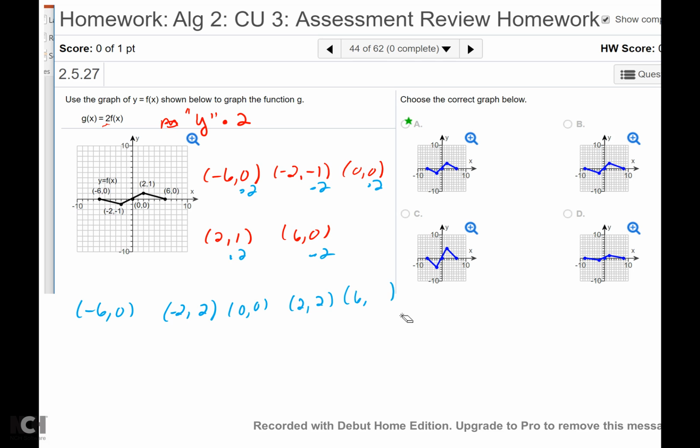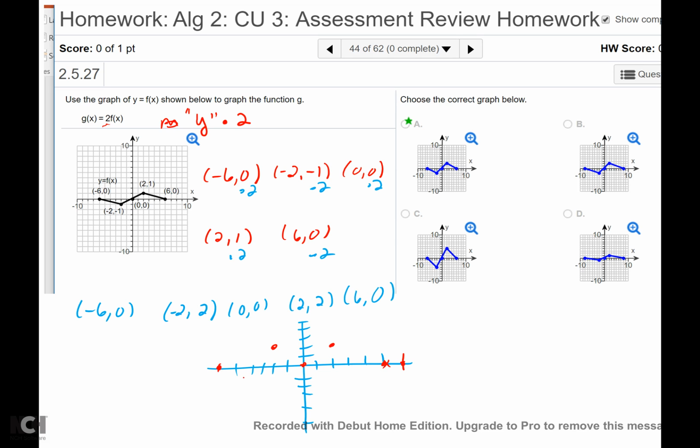6, 0. Sorry. Okay, so now if I plot those points, negative 6, 0, negative 2, 2, 0, 0, 2, 2, 6, 0. Oops, that's negative 2, negative 2.